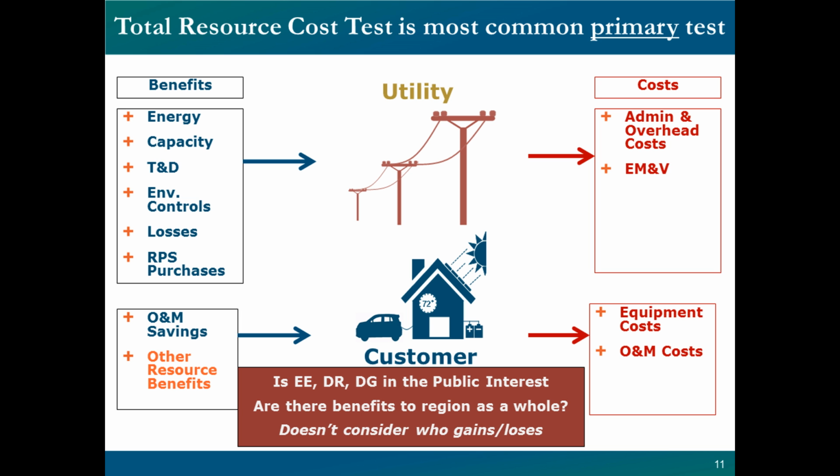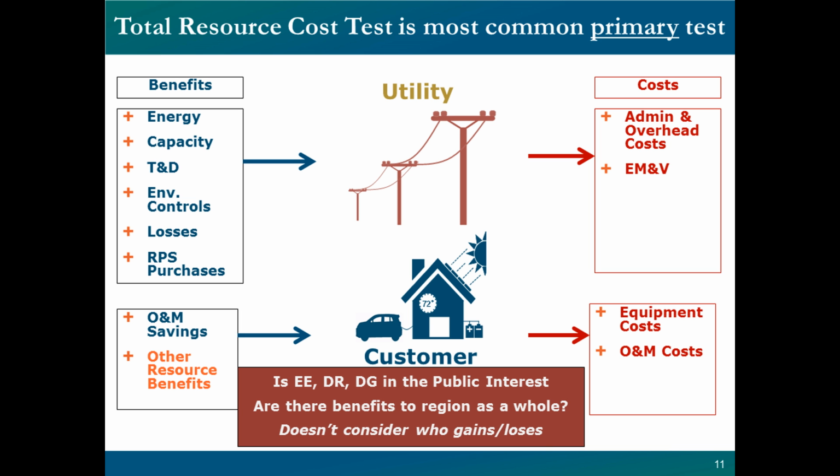Under the utility bucket, avoided energy purchases from the wholesale market or fuel in the power plant, capacity, T&D, environmental controls, losses. These are all the things that it takes to deliver a kilowatt hour of electricity. From a customer perspective, O&M savings. So, for example, if you switch to LEDs and they last longer, they have less maintenance.